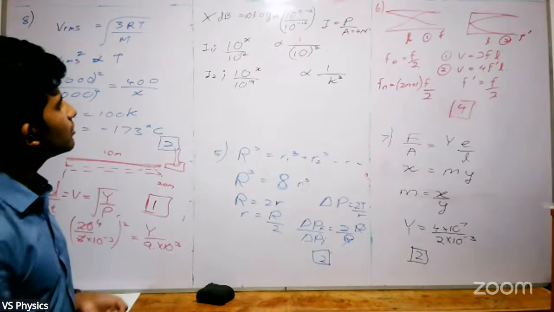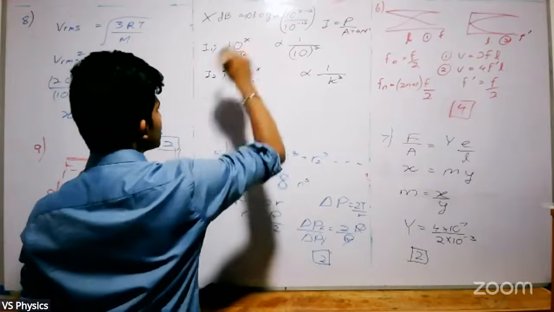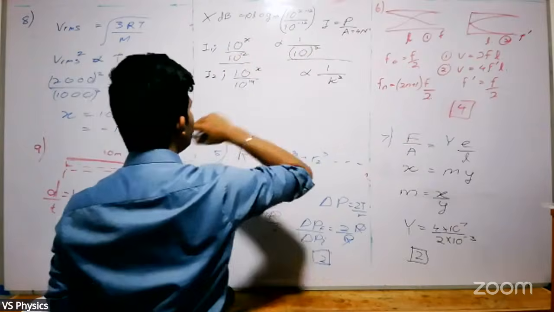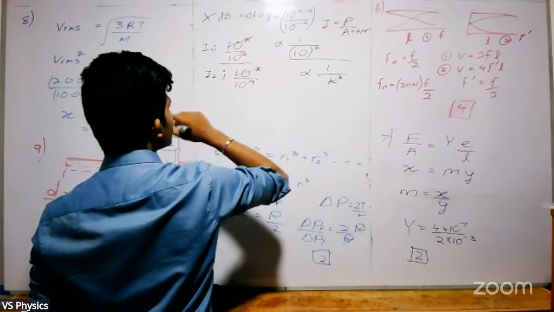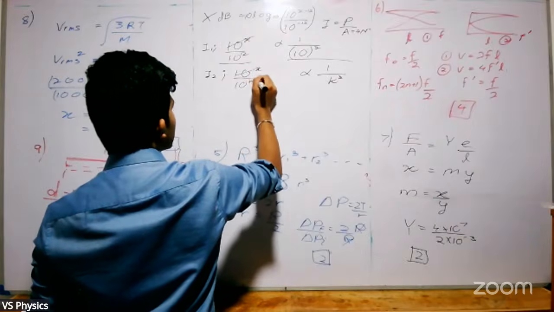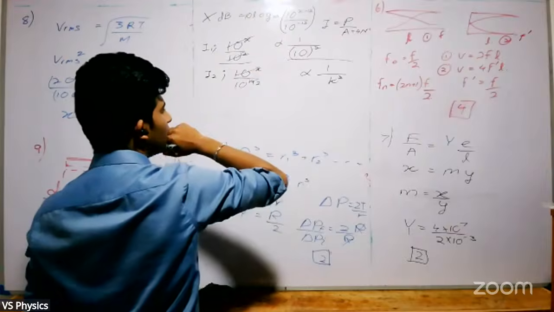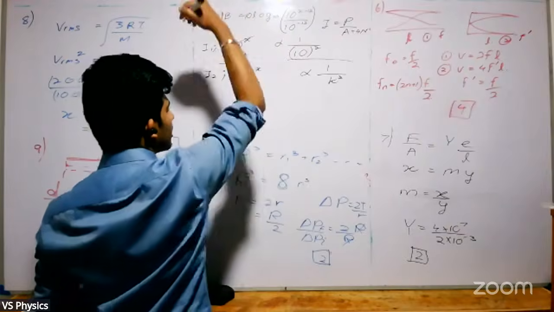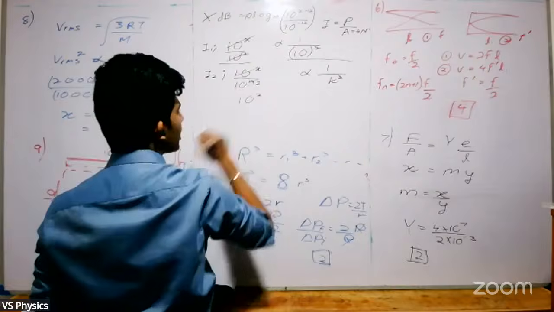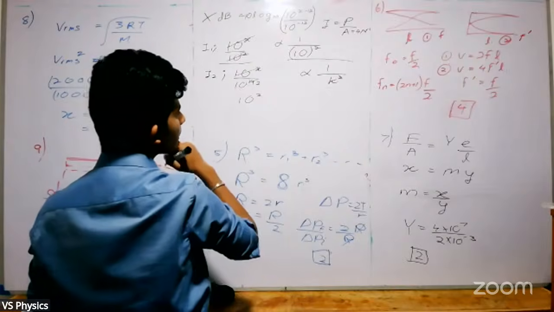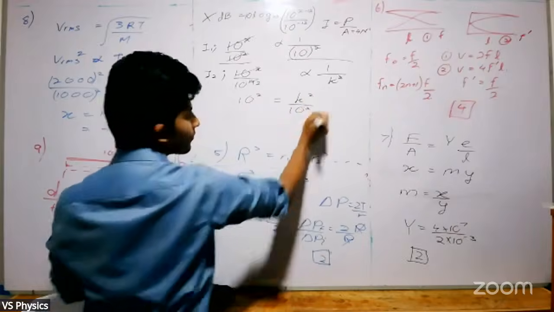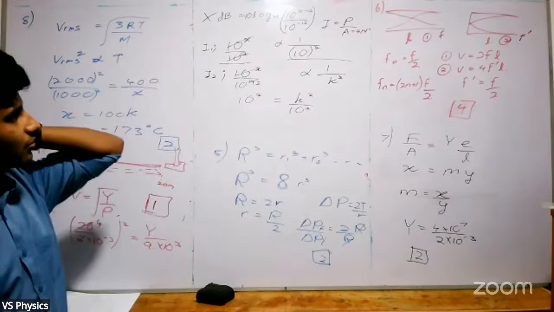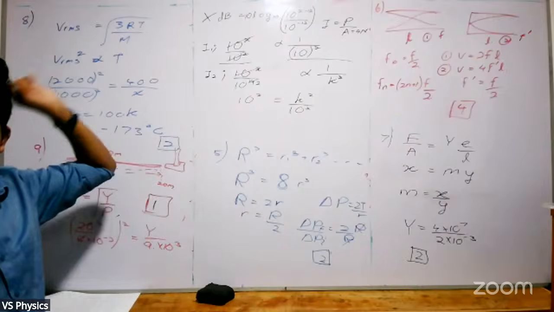Then when we divide these two, what will happen? 10 to the power x cancels off. Two are left and this cancels off, this comes up. Then we have 10 squared equals k squared divided by 10 squared. Many shortcuts are being used here, the shortest method.